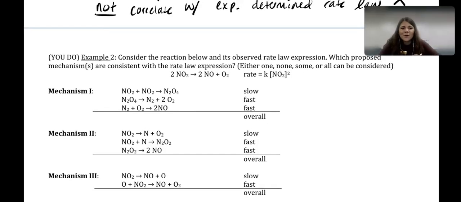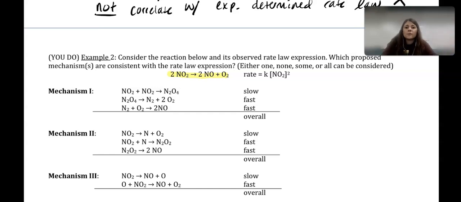Consider the reaction below, and it was observed that its rate law is k[NO2] raised to the second power. Now, it just happens that the overall ended up correlating with coefficients, but that doesn't always mean that it's going to be the case every single time.